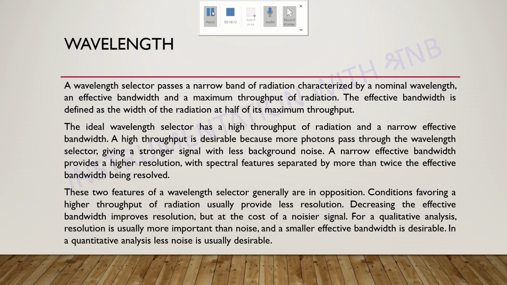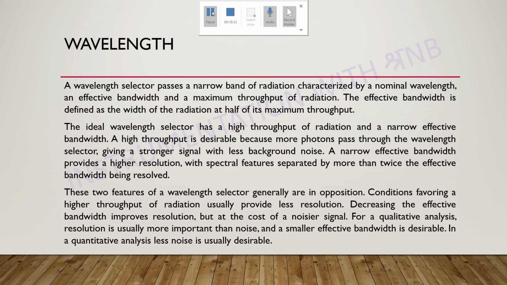A high throughput is desirable because more photons pass through the wavelength selector, giving a stronger signal with less background noise. A narrow effective bandwidth provides a higher resolution, but both these properties are contrary to each other.